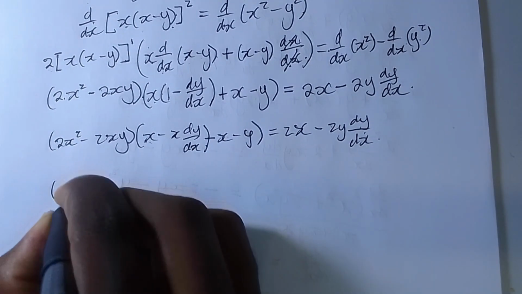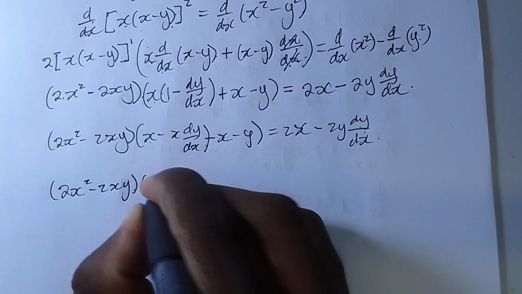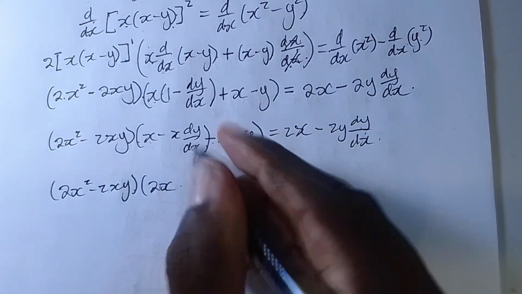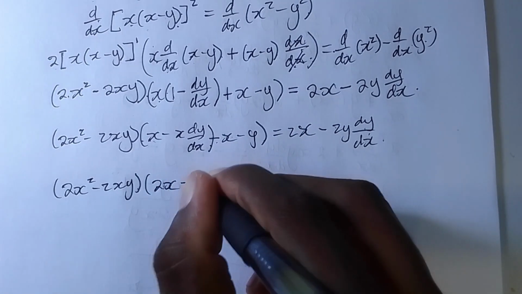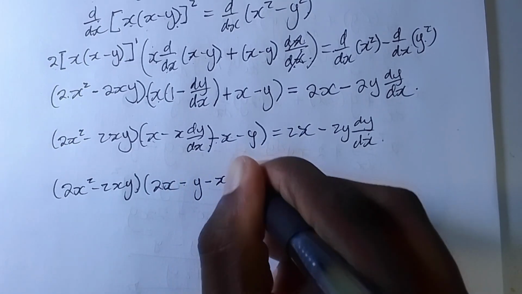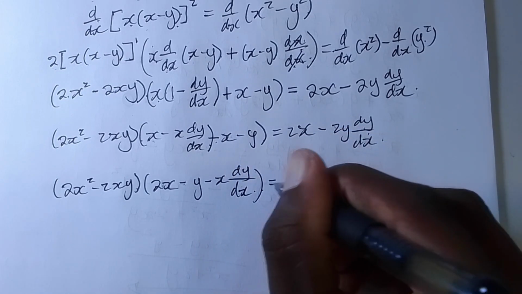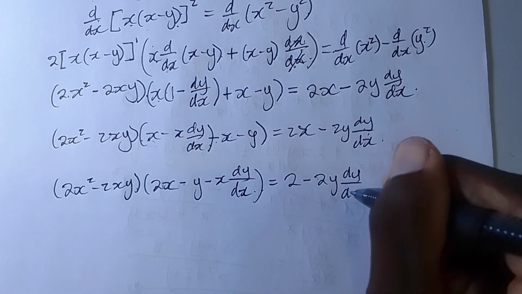So now we have 2x squared minus 2xy, 2x minus y minus x dy/dx is equal to 2x minus 2y dy/dx.